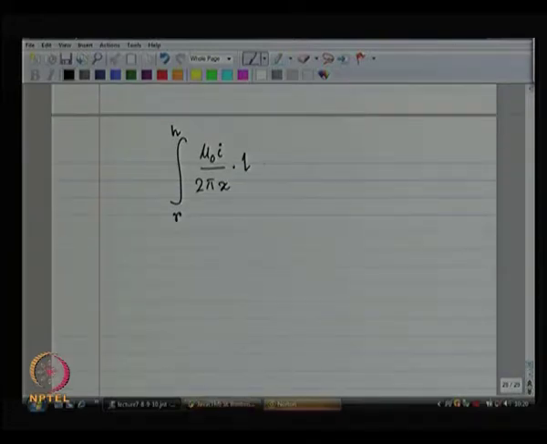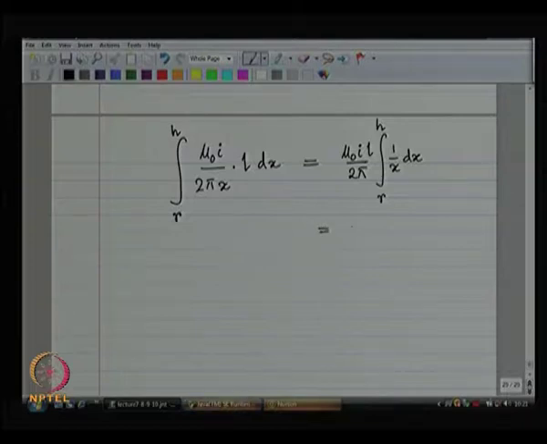So, this gives me this integral, which results in a log. The integral of 1 by x is ln of x.